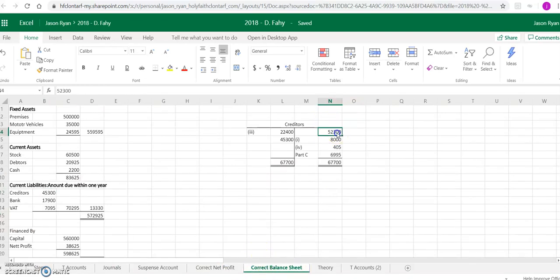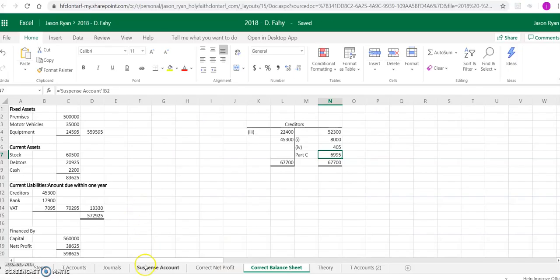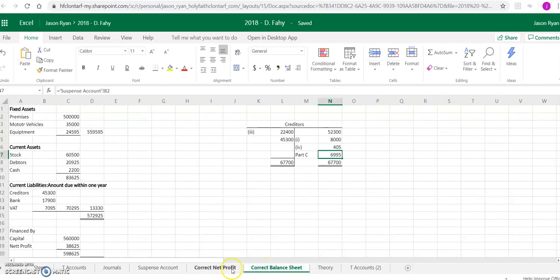RT account, so 52,300 as per the question, 8,405, and don't forget to put in part C, because remember in the question it says that including suspense is in your creditors. So our suspense is 6,995, so we're going to stick it into the credit side just to get rid of it or reduce it. And then we have 24,400. So your balance then is going to be 45,300.